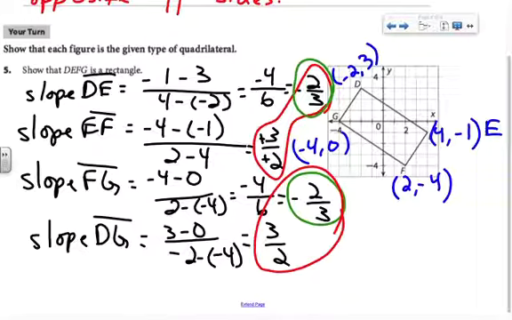So I know that this is a rectangle because it is a parallelogram.